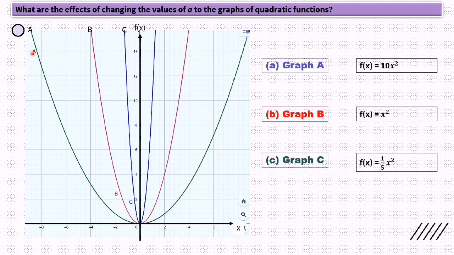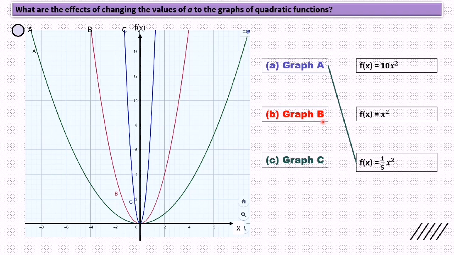Now we look at this diagram. The curved shape of graph A is wider than the curved shape of graphs B and C. This means that the value of a for graph A is smaller than graphs B and C. For graph A, the possible function is f(x) equals 1 over 5 x squared.